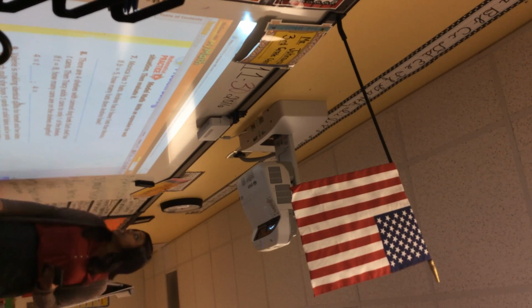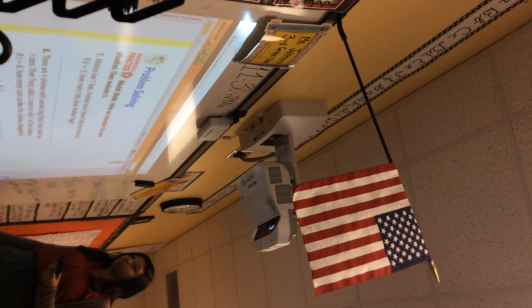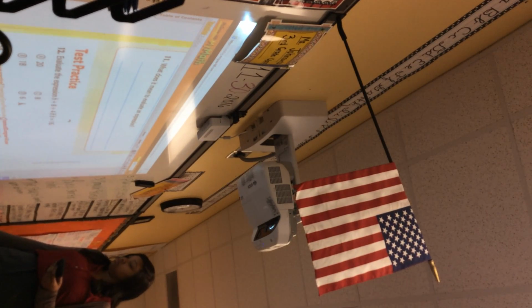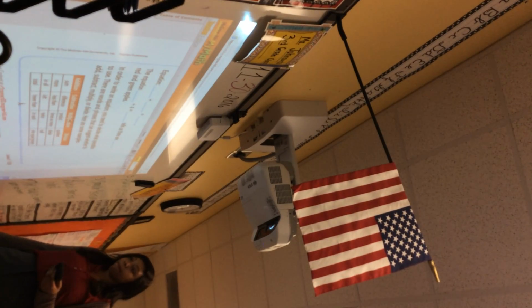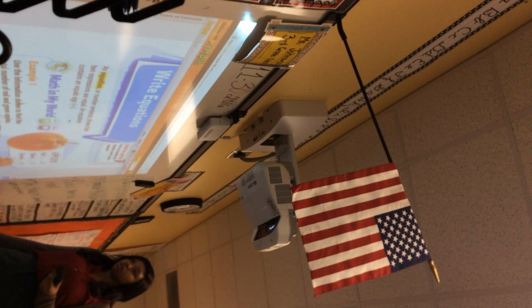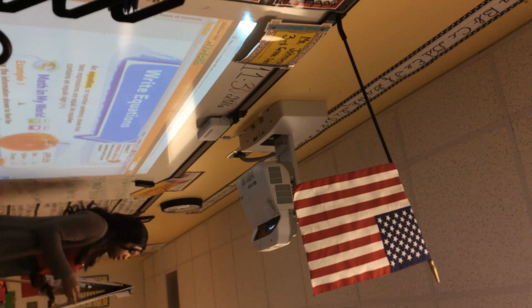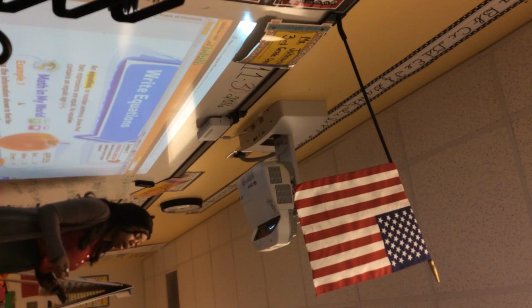All right, so for today, very quickly, I want us to go to page 539. So today we're learning how to write equations. This was a part of our homework.